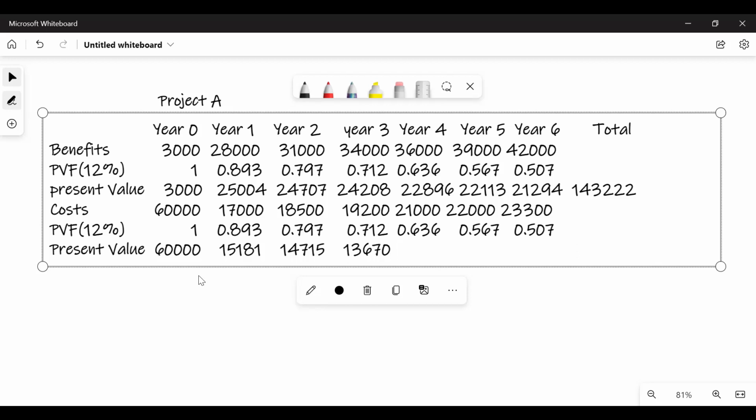Then 21,000 into 0.636 is 13,356. Then 12,474. The final one, 11,830. So sorry about my confusion with the previous one.